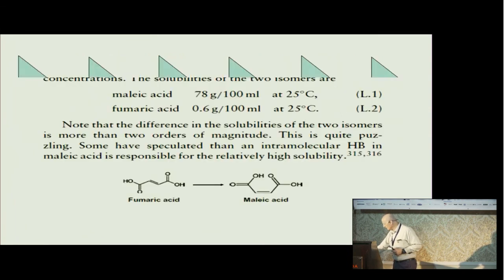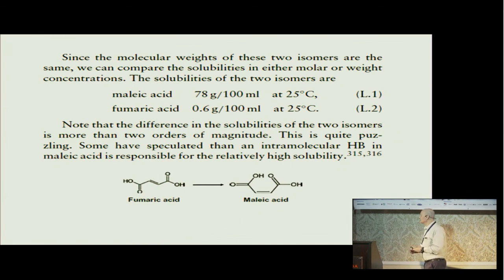I don't know if I should mention here these two isomers of decarboxylic acid, fumaric and maleic. Fumaric is the trans decarboxylic acid, and maleic is the cis one.